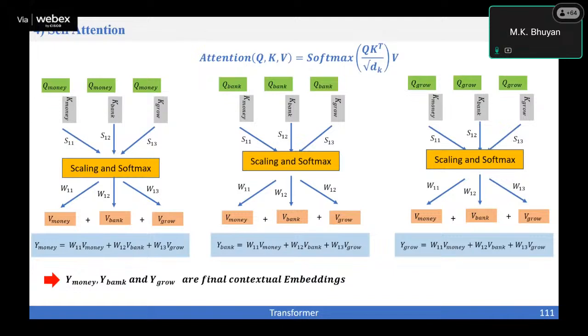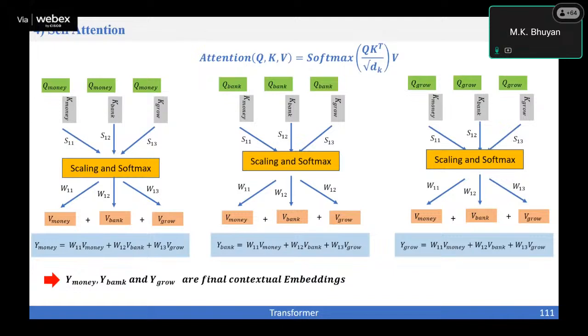W11 is nothing but the dot product between Q and K divided by root over dk, and we take the softmax. After this, we multiply with the values V money, V bank, and V grows. So Y money is the weighted sum of money, bank, and grows: W11 into V money plus W12 into V bank plus W13 into V grows.